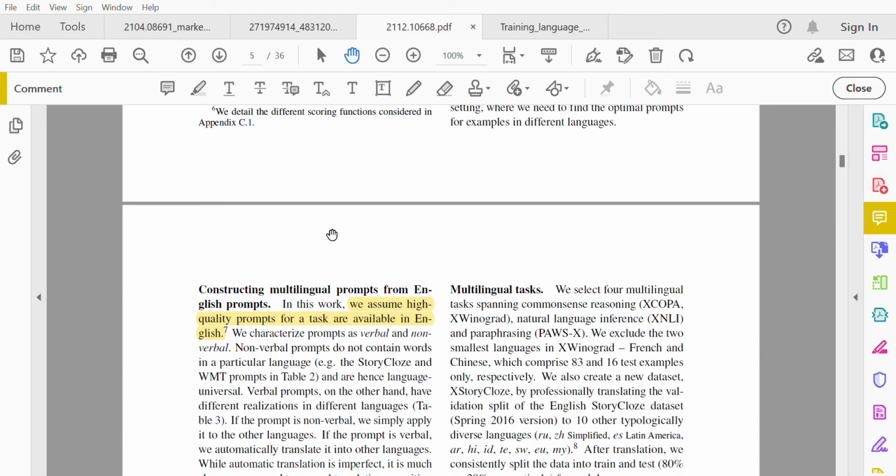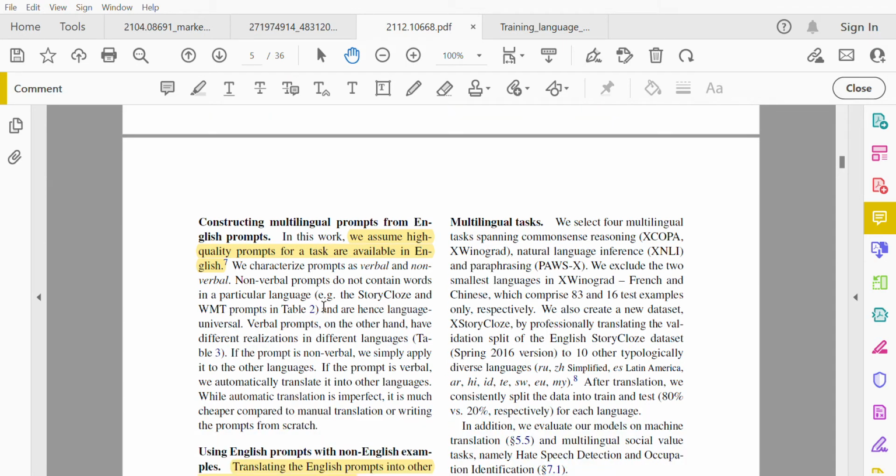So they assume high-quality prompts for a task are available in English, which makes sense. And we can have verbal or nonverbal prompts. So this is getting to some of the research from Lester and Li and Liang, who use nonverbal prompts, right? But yeah, they're oftentimes initializing with English.